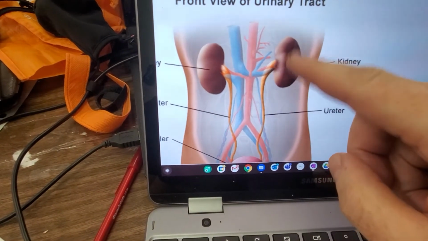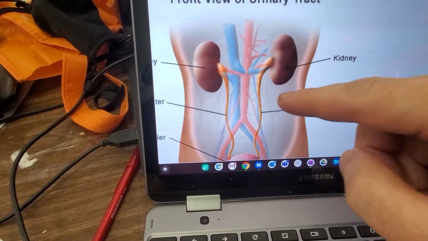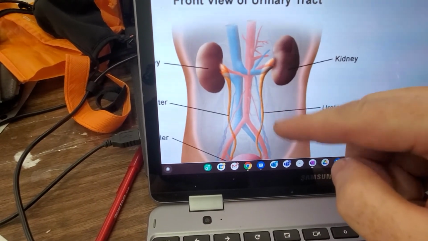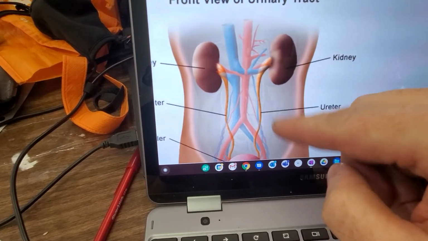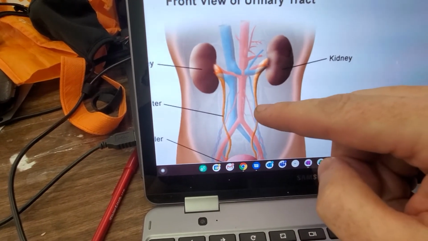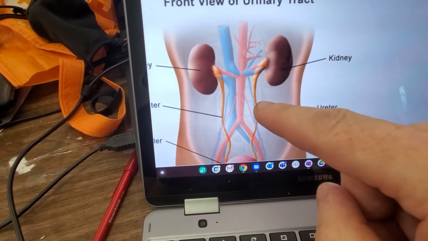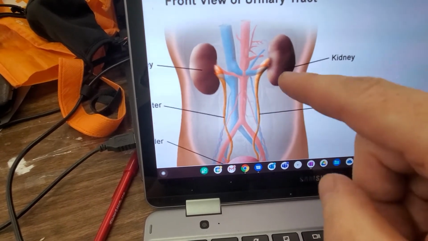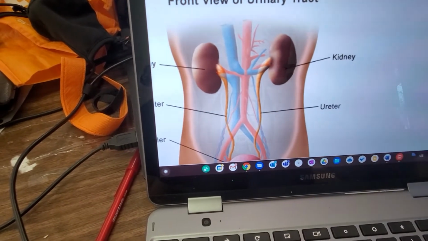Funnily enough, if you have a bad kidney and a person donates you a kidney, you'll have 3 kidneys, because you'll have your bad kidneys, and then the donated kidney goes here and gets tied into the ureter, another structure of the urinary system. They don't actually take out the bad ones.